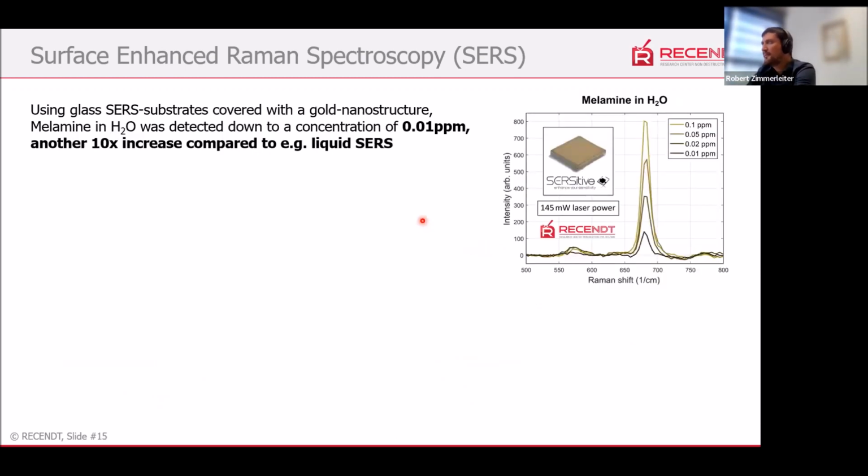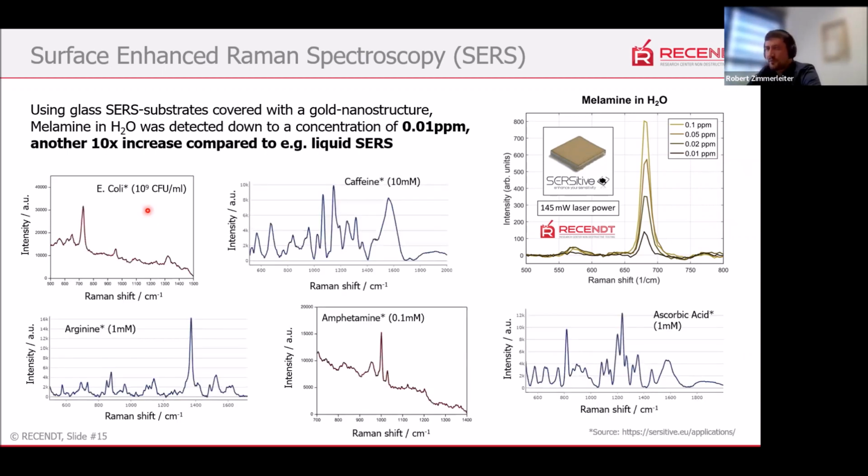Another SERS substrate that we use quite frequently are glass-covered SERS substrates. They are covered with a gold nanostructure, and with these, we were able to measure melamine in H2O even down to a concentration of 0.01 ppm, which is another 10 times increase, for example, compared to the liquid SERS measurement.